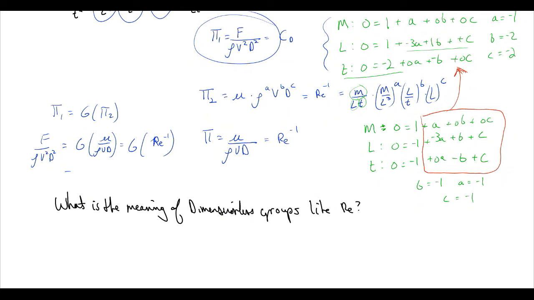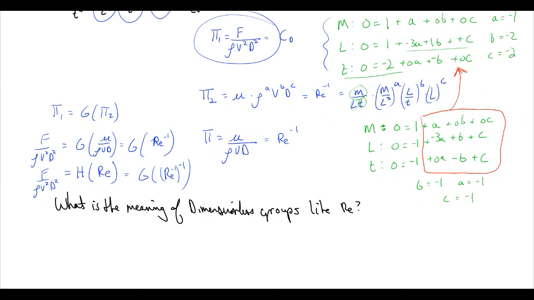So we can say that f is equal to rho v squared d squared times h of Reynolds number, where this is just equal to g of Reynolds number to the negative 1, right? So we can play around with it and massage it so that it looks a way that we're familiar with. And that's okay, because if we don't already know the function, then flipping Reynolds number is just going to flip our function, right?